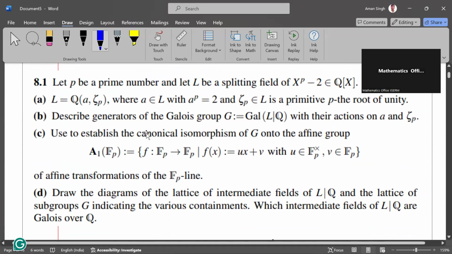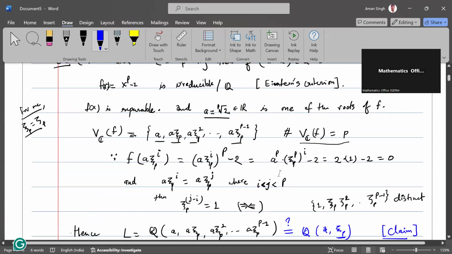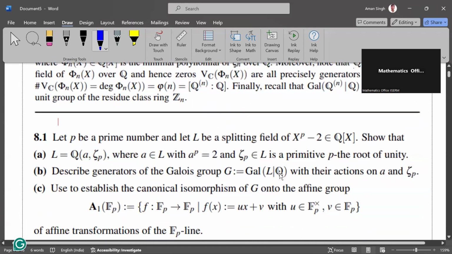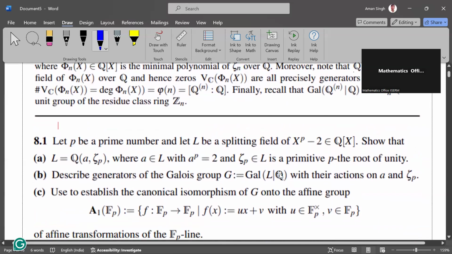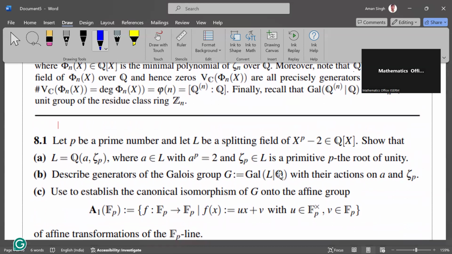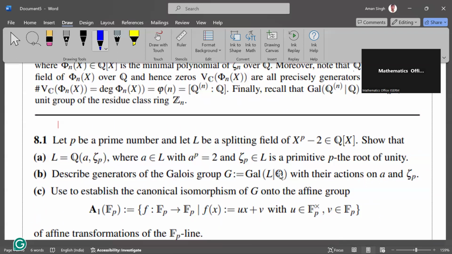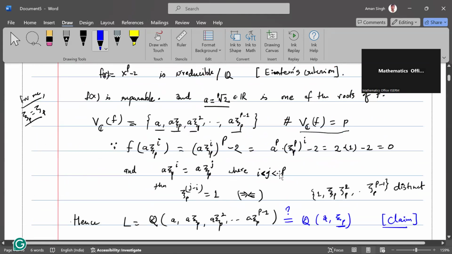Describe generators of the Galois group with their action on a and zeta p. So is this a Galois extension? Okay, this is Galois or not, it will be clear in a moment. For that, we have to see that the order of the Galois group is equal to the degree of the extension, right?